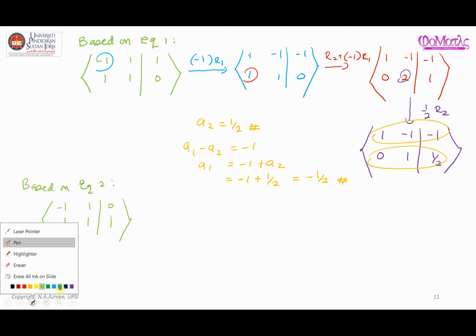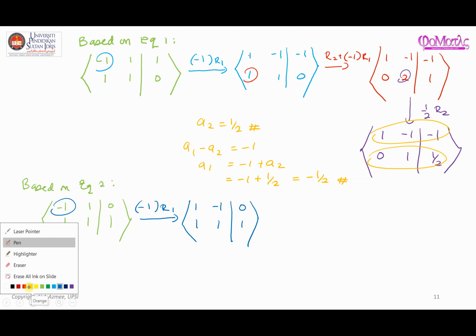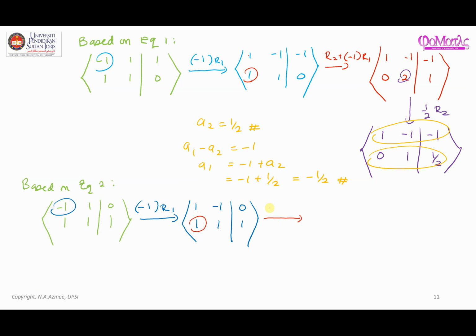Right, this can be turned into 1 by multiplying negative 1 with the first row. So 1, negative 1, 0. And then 1, 1, 1. And then of course we follow with this one, becomes 0 by considering this process. 1, negative 1, 0.